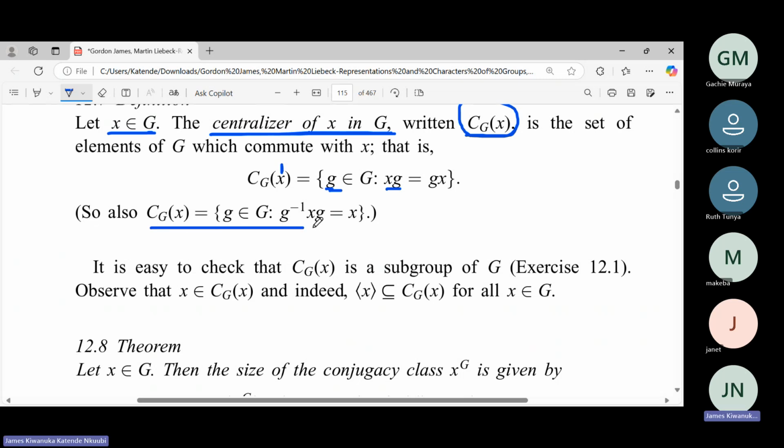This is another way of writing it. You just shift this. So the centralizer is all the elements g of G which satisfy g inverse x g is equal to x.